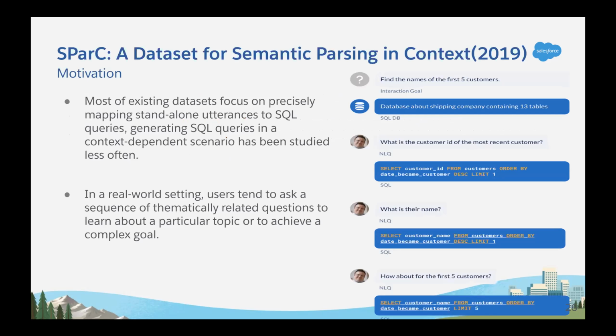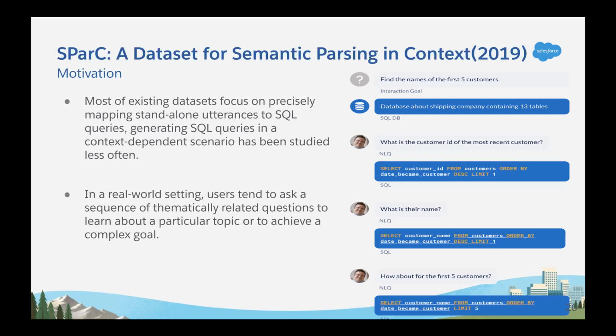After the Spider dataset, our team and the Yale University team had a meeting. We discussed whether that means we now have enough datasets for text-to-SQL research. We found out the answer is no, because most of them, WikiSQL or Spider, only focus on mapping standalone utterances to SQL queries.